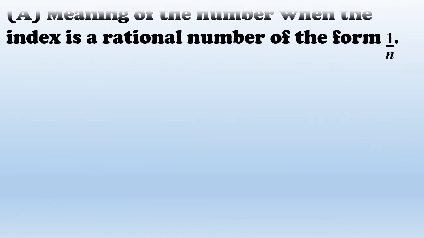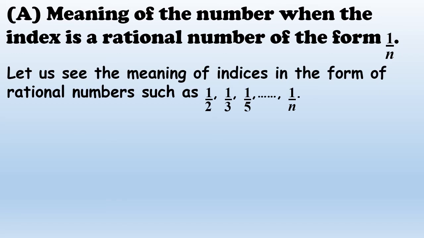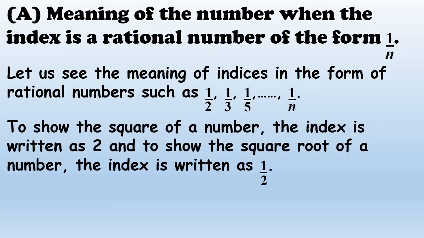Let us study the meaning of the numbers when the index is a rational number of the form 1 upon n. Let us see the meaning of indices in the form of rational numbers such as 1 upon 2, 1 upon 3, 1 upon 5, and so on. To show the square of a number, the index is written as 2, and to show the square root of a number, the index is written as 1 upon 2.